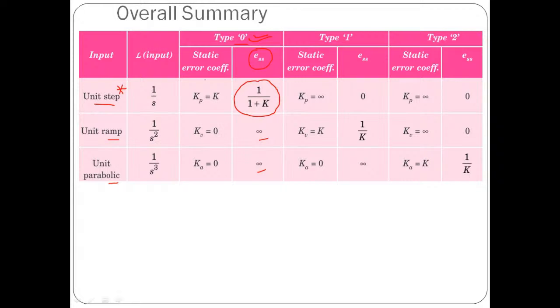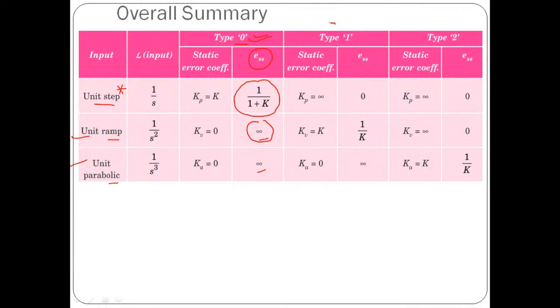Then only it is possible to analyze the behavior of that particular system, because in that case only the value of steady state error is available at a minimum possible value. Apart from that, if you have a type 0 system and you excite that particular system through unit ramp, or you can say unit parabolic, then in both cases the value of steady state error is going to be infinite, which is not a desirable condition. So this point you have to remember.